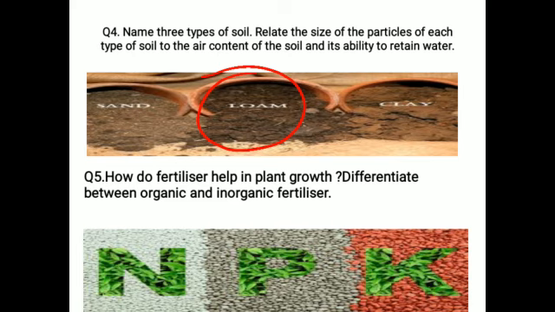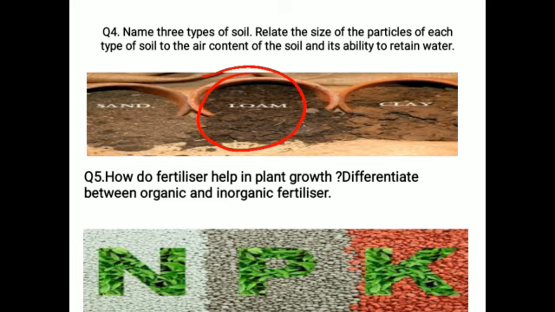Now, question number 5. How do fertilizers help in plant growth? Differentiate between organic and inorganic fertilizers. As we discussed and I explained to you in a bit of detail, fertilizers provide plants with nutrients in the form of mineral salts which enable the plants to grow healthy roots and healthy leaves and more production, more flower formation and more product formation.